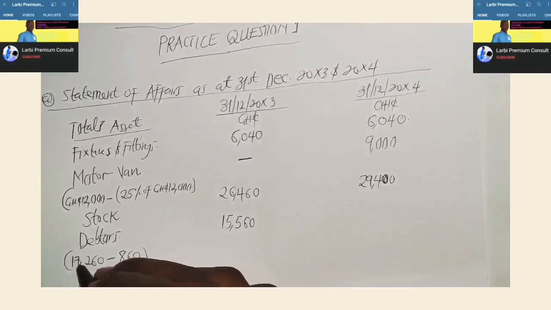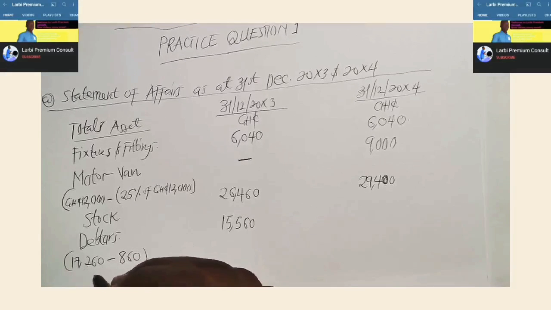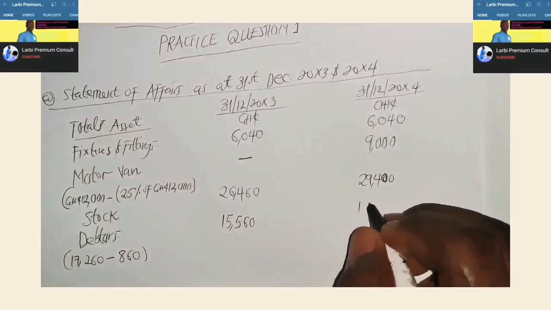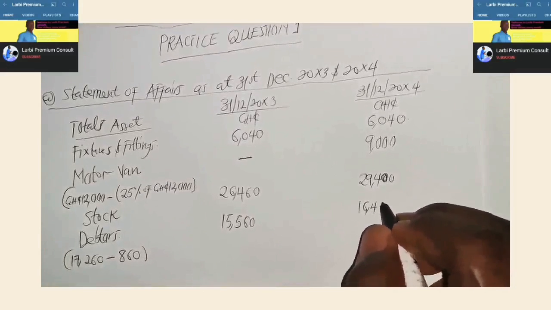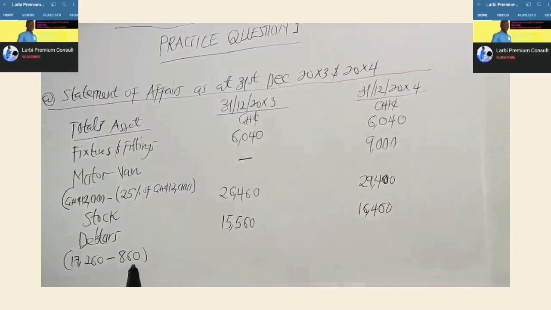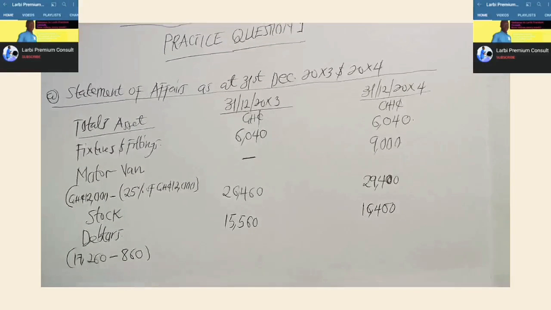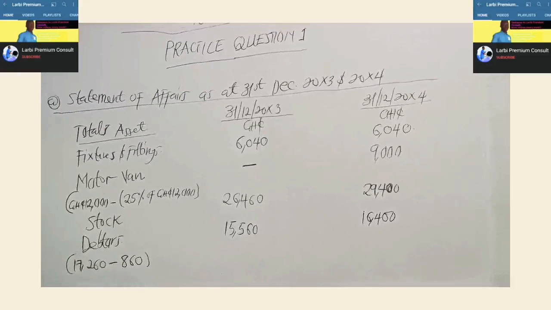All right, then here is left with 16, so it becomes what? 16,400. So just subtract the 860 from 17,260, and you're going to get this balance in that case. So we call this figure debtors less provision. So let's take note of that. All right, so that was for 31st December 20x4.